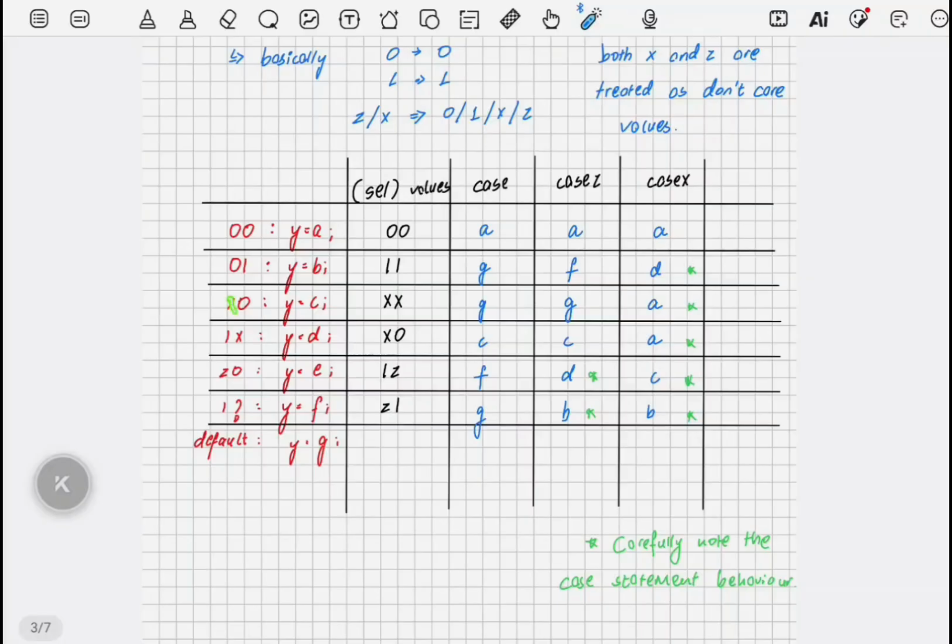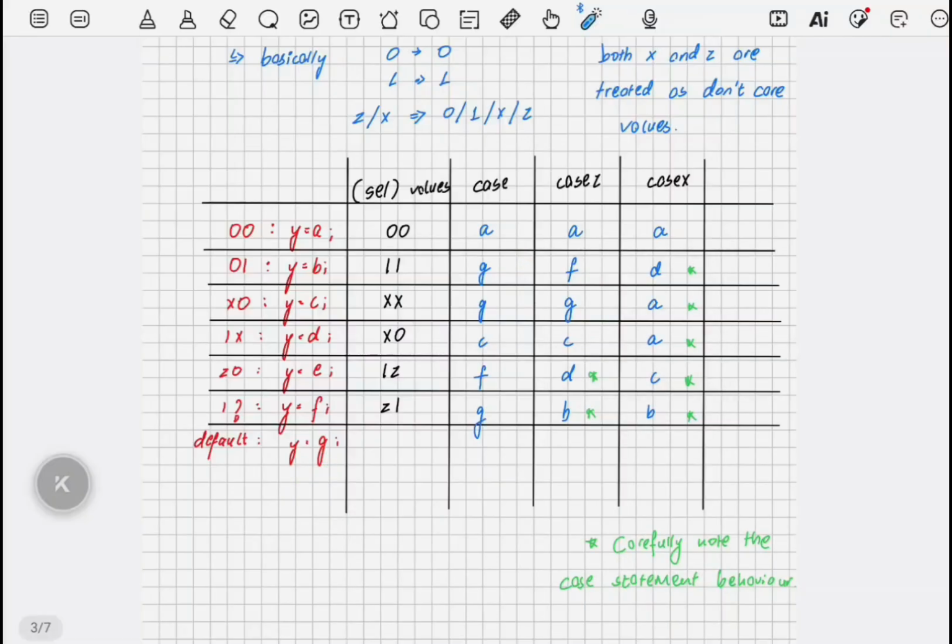So you see x0 is there, 1x is there. If you are answering it as D, you are wrong, because what did I say? In case statement, x will be mapped to x. If you are getting 11, do you have a 11 here? Here question mark is z. You don't have 11. So it will go to the default statement, and the default statement y equals z will be evaluated.